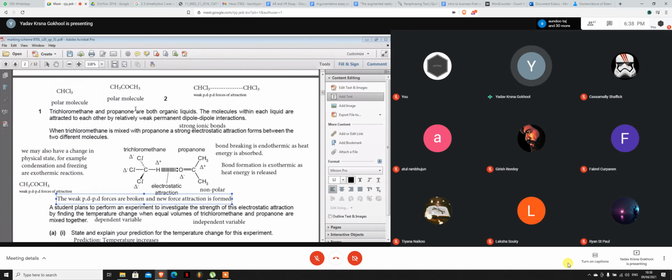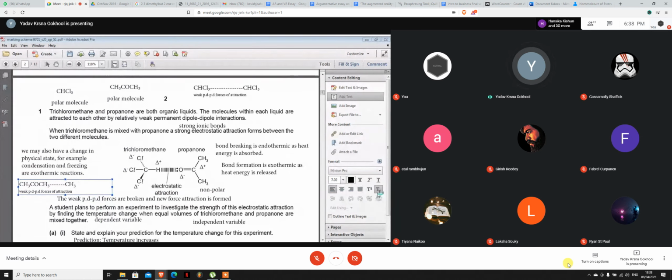So the permanent dipole between the trichloromethane over here, it breaks. The permanent dipole between the propanone, it breaks. And what is formed is a new electrostatic force of attraction.